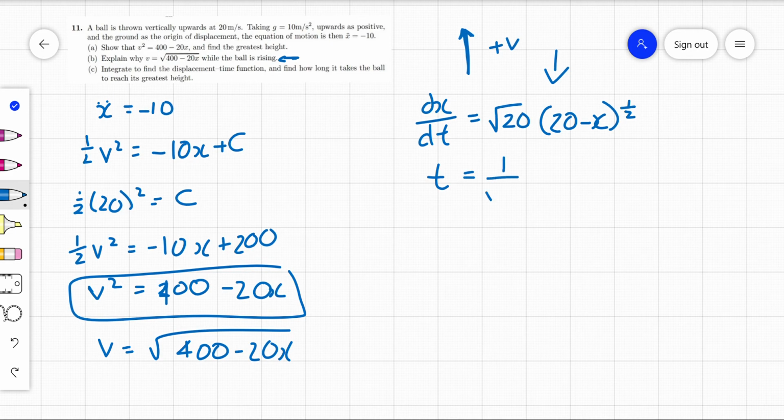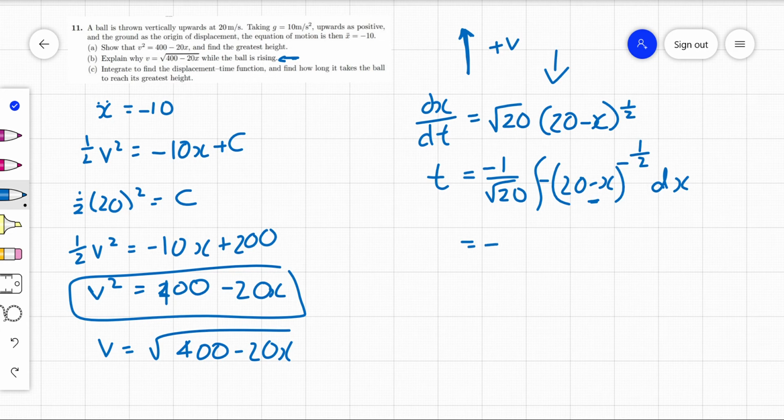So I've got a 1 on root 20 here, and I'm integrating, so the 20 minus x is not to the power of half, but to the power of minus half, because I flipped it. So we add 1 to the power, we're going to get a half and divide by a half. And also this is a negative here, so actually we need a negative.